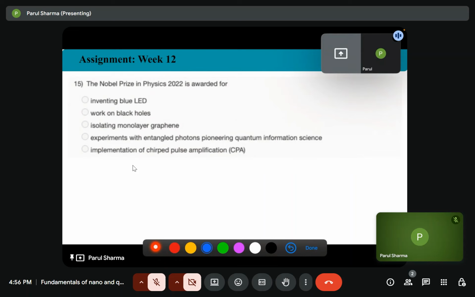The Nobel Prize in Physics 2022 is awarded for the experiments with entangled photons, establishing the violation of Bell inequalities and pioneering quantum information science. The option D is correct.